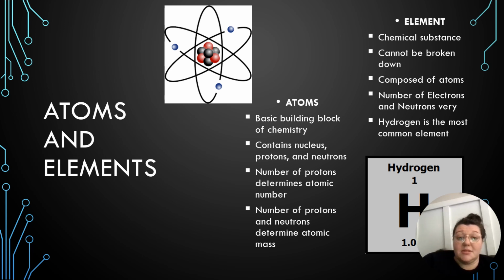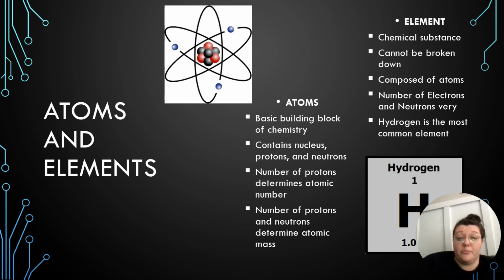So atoms, they are the basic building block of chemistry. Everything you can touch, see, is made up of thousands of tiny atoms, of which you cannot see obviously by the naked eye, but they're there. An atom contains a nucleus, protons, and neutrons.